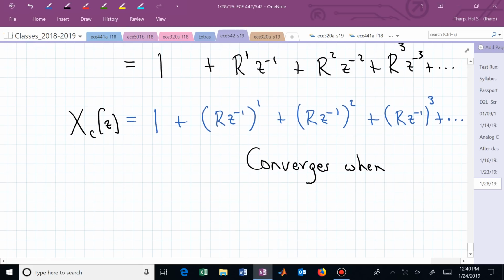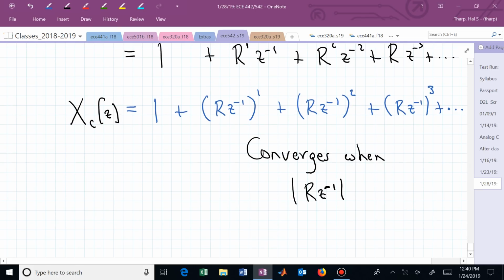What do we know about our common ratio? This converges as long as, what do we know has to be true about the magnitude of what we keep raising to a higher and higher power? This is now our common ratio. Well, we know that that needs to be less than 1.